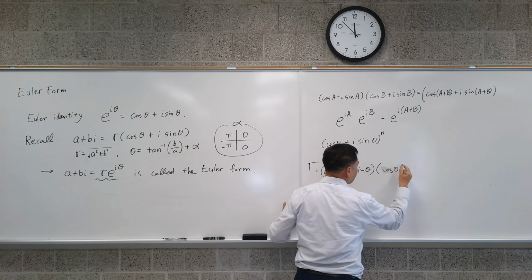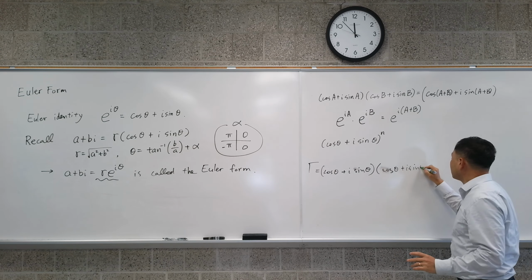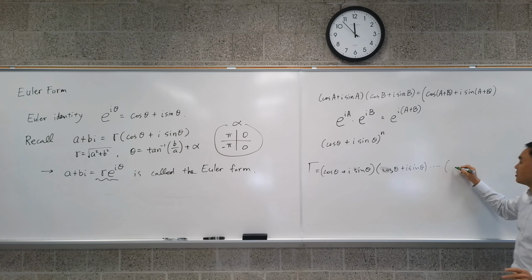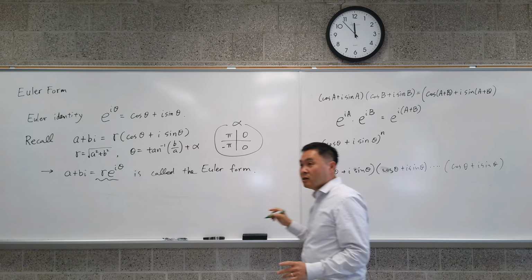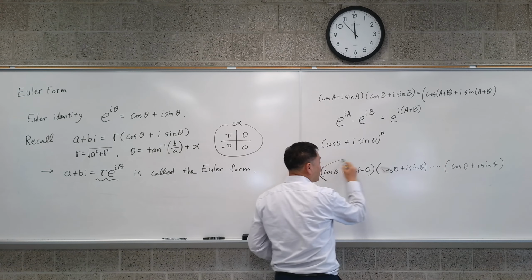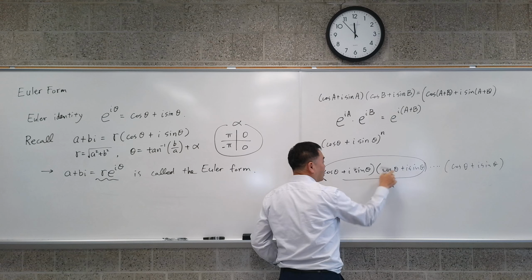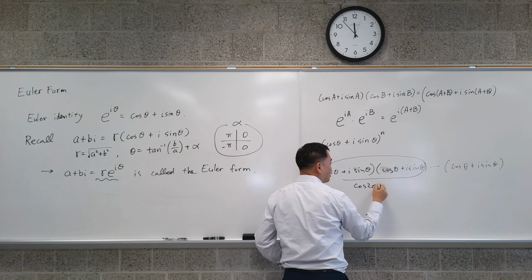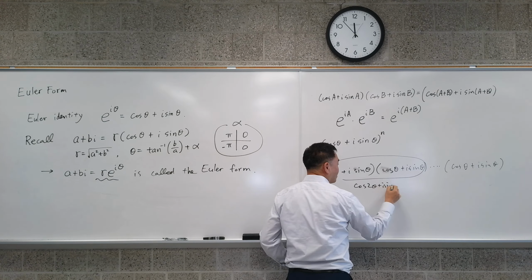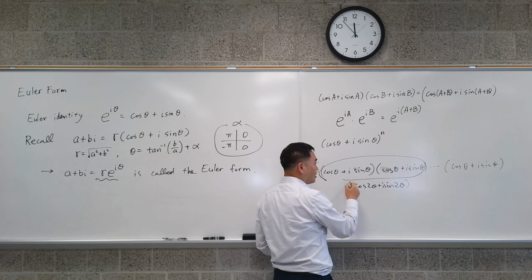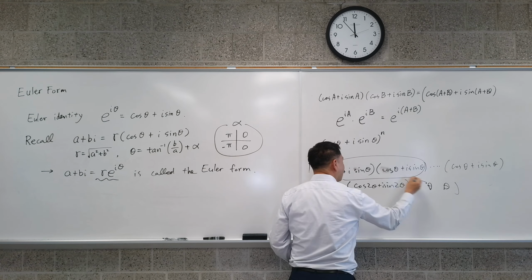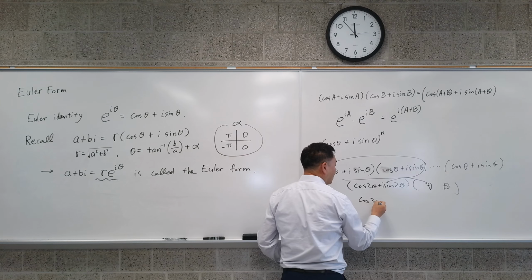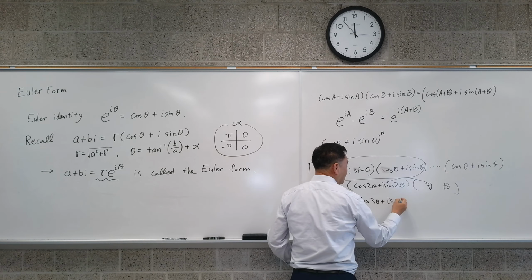Cosine theta plus i sine theta and cosine theta plus i sine theta. But then every time you multiply, what happens to this? This would be theta plus theta, so it's going to be cosine 2 theta plus i sine 2 theta, right? And then you multiply the next guy, and there's another theta here, so if you add them here, you end up with cosine 3 theta plus i sine 3 theta.